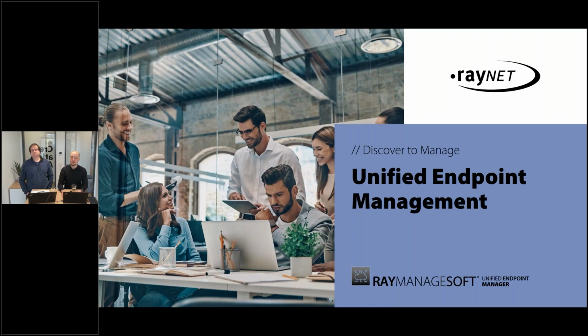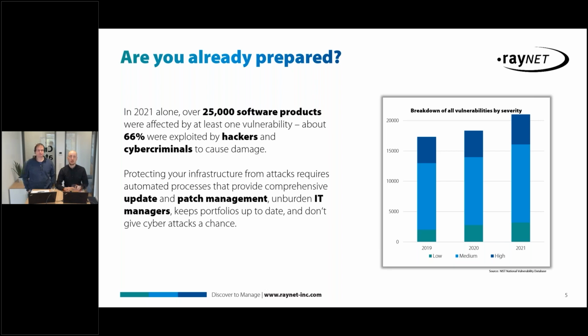So let's jump into that topic, unified endpoint management. We have a quite nice statistic right here. You can see on the right side the years 2019 until 2021, most likely 2022 and even this year, 23, the amount of vulnerabilities keep growing.